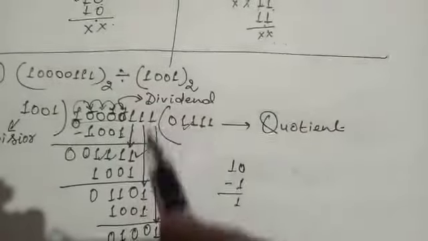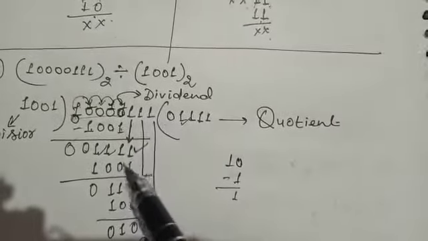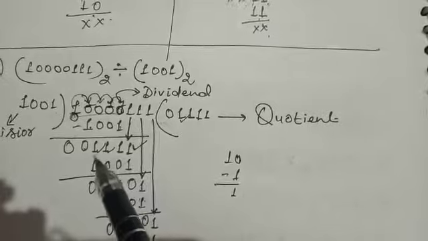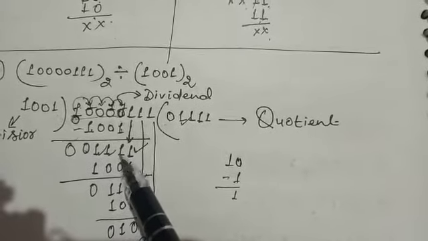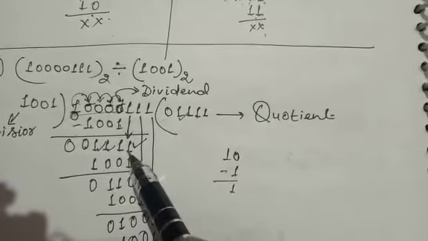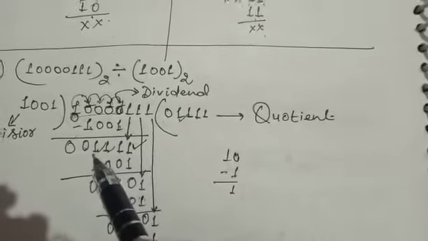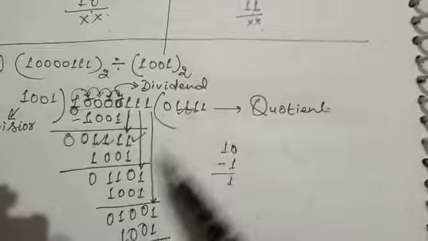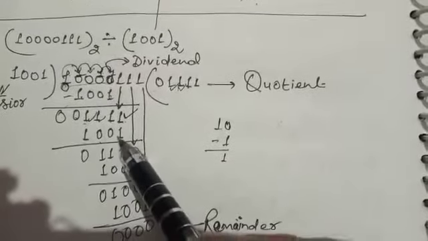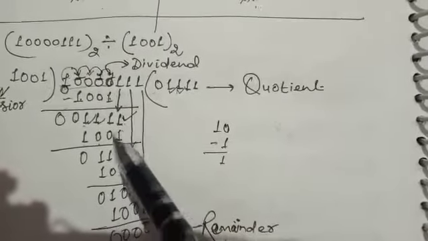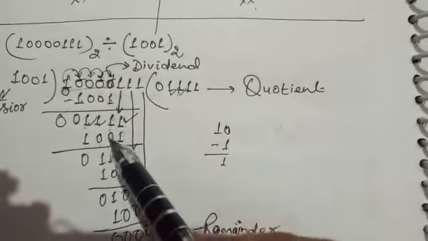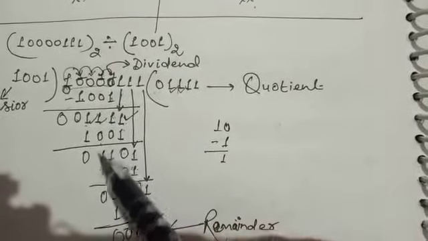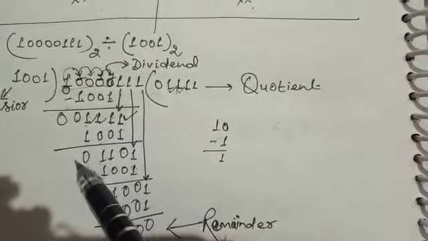Again we carry on the division process. In the output we have got 111. The next value comes, again 1. Here in the next process four 1s are involved. Then again we perform the division operation with 1001. 1 minus 1 is 0, 1 minus 0 is 1, 1 minus 0 is 1, and 1 minus 1 is 0.